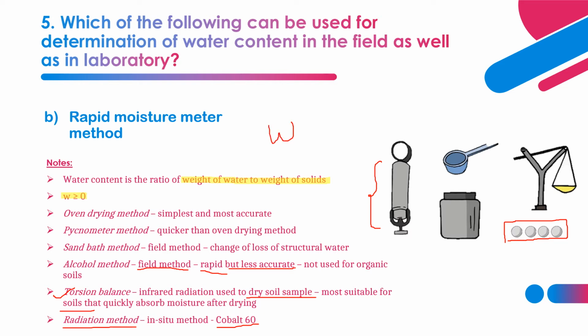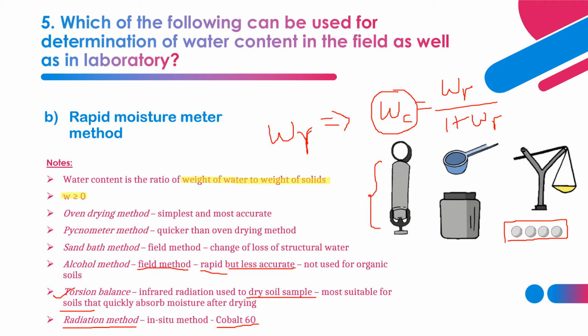For example, WR is the acetylene gas evolved, converted to equivalent water content, so the water content will be fetched from this formula: WR divided by 1 plus WR. So this is the formula to get the water content based on the calcium carbide method.